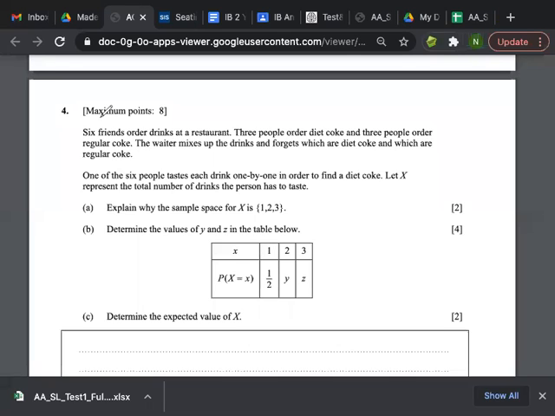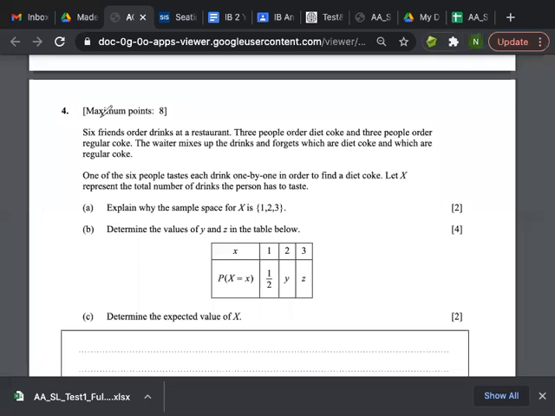Alright, so in this instance, I have these drinks in front of me. Jacqueline said it first. She said you either get Diet Coke or you get regular Coke. Like the first cup I take, I have a 50% chance that it's going to be diet or regular. If it is Diet Coke, I'm done. I don't have to do anything else.